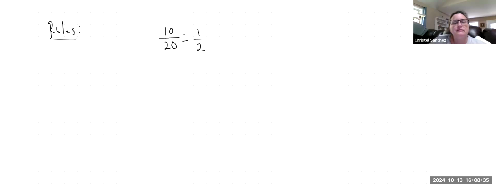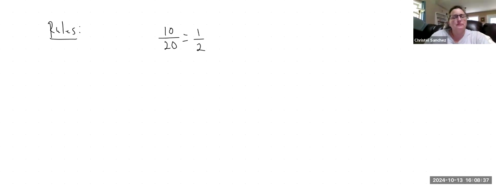In real life, the medication order is not going to tell you to reduce it to the lowest number. So anytime you have a final answer, think about how you would say it to somebody else. So how do we get from 10/20 to 1/2?